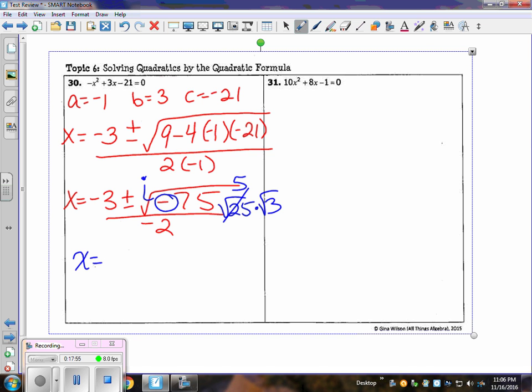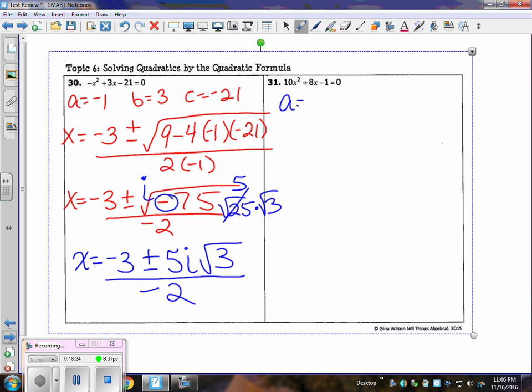So x is equal to -3 plus or minus 5i root 3 all over -2. They can't be reduced any further, and the only thing that might be different is you may have a +3 and a +2 if you rearranged and changed your signs at the beginning of the problem.